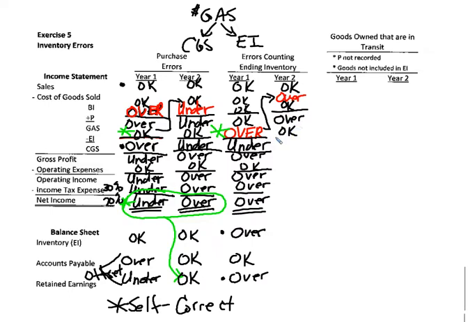Again, we won't make an error this time counting ending inventory, so goods available for sale is too large. We put the right amount into ending inventory, so we have too much in cost of goods sold. If our expense of cost of goods sold is too big, then gross profit will be understated or too small. Okay, and then everything after operating expenses will be under.